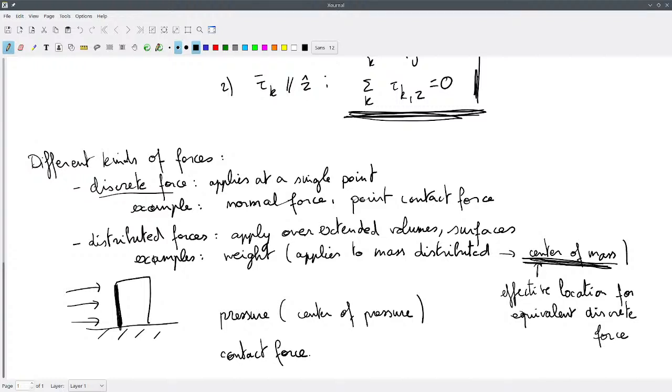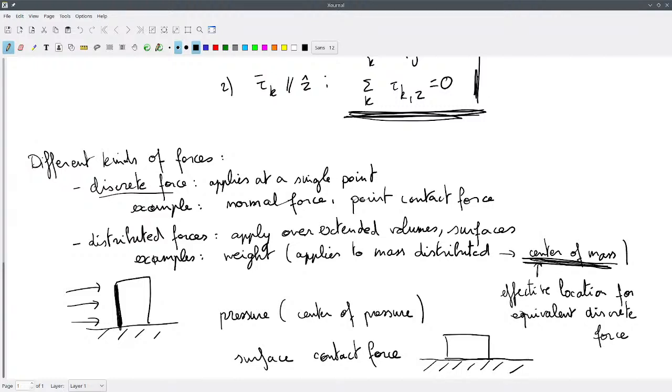In particular, now I'm going to call this a surface contact force, which is what you get, for example, if an object is lying perfectly flat and has contact with an extended area.